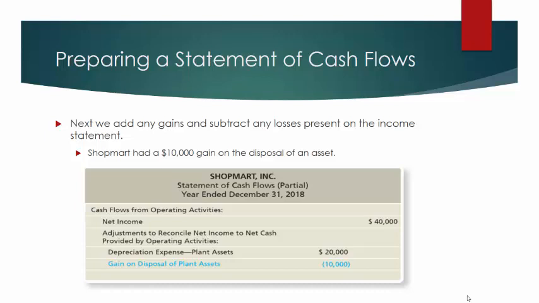So since that gain increased net income, and we are adjusting net income, let's go and reduce out that gain in our adjustments and subtract it out. So for gains and losses, do the exact opposite of how it would affect your net income. Gains always get subtracted in the operating section of a statement of cash flows, while losses always get added back in, just like all of your non-cash expenditures.